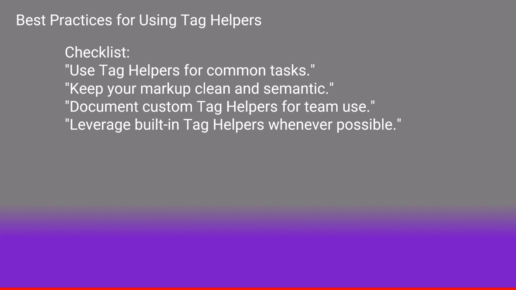If you create custom tag helpers, make sure to document them well for future reference and team use. Lastly, whenever possible, leverage built-in tag helpers instead of reinventing the wheel. This will save you time and ensure you are using tried and tested components.